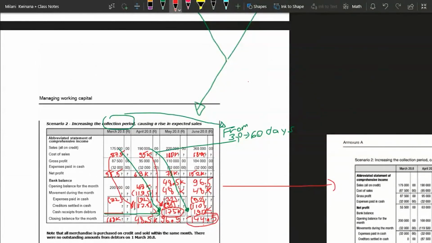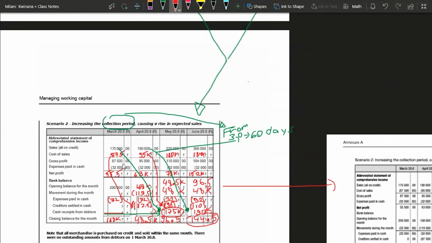That's not the only difference. The first major difference they want you to see is that the collection period has changed. What is not changing is the creditors period, meaning when we need to pay our creditors.